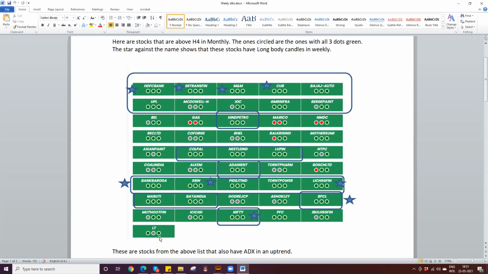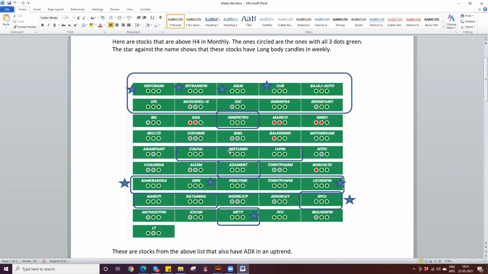Now, L&T is also there, but there is a gray in the middle. Muthoot has got a gray here. ICICI GI has got a gray here, and so on and so forth. Bosch has got some reds. Marico has two reds. So they are all not taken into consideration, even though they are all above H4 on monthly, right?